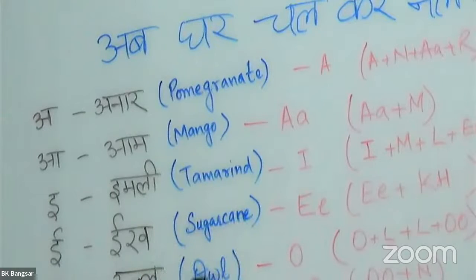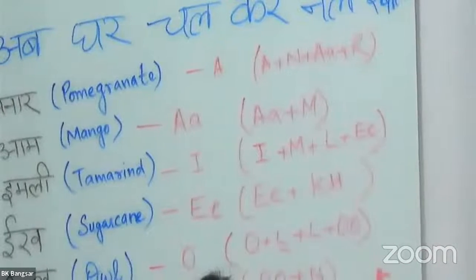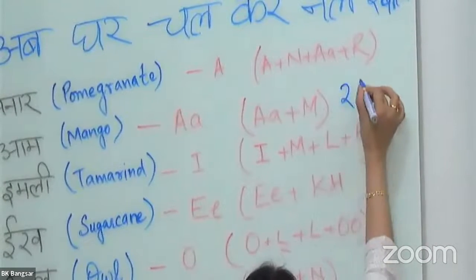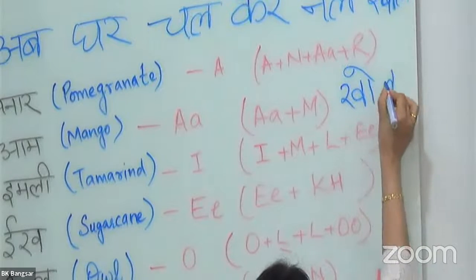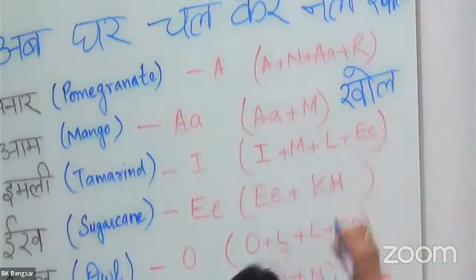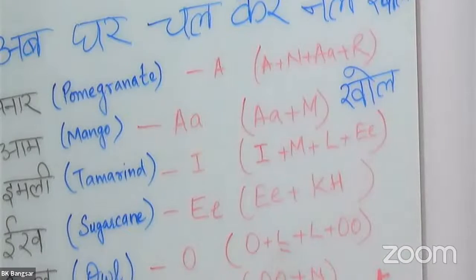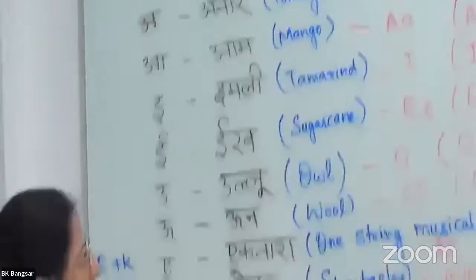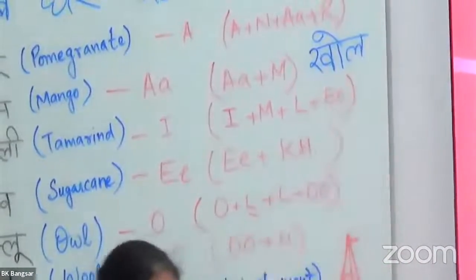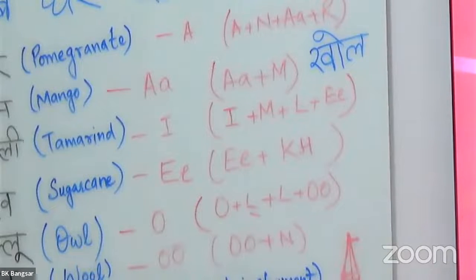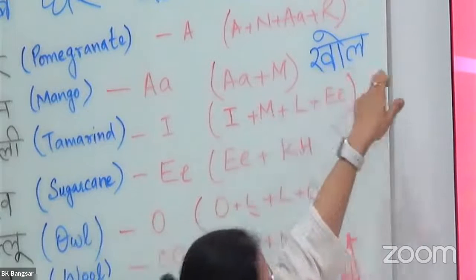The last, maybe I write it down here. So it has a matra in there, which is O. O matra is there between the two other alphabets. Which are these two alphabets?